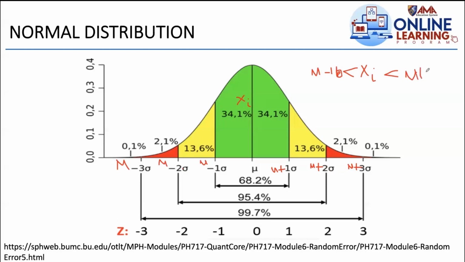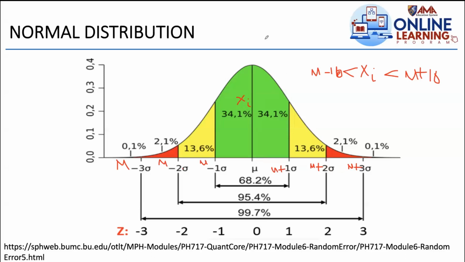Remember we denote the population standard deviation as sigma, as we talked about in the last lesson. And how many x sub i have this property? 68%.